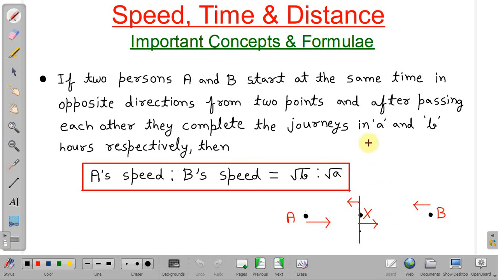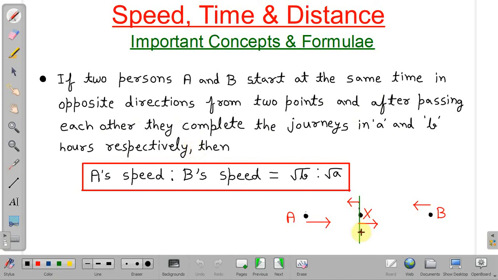Suppose they are crossing each other at x, so they will cross at some point, and after passing each other they complete the journey in a and b hours respectively.